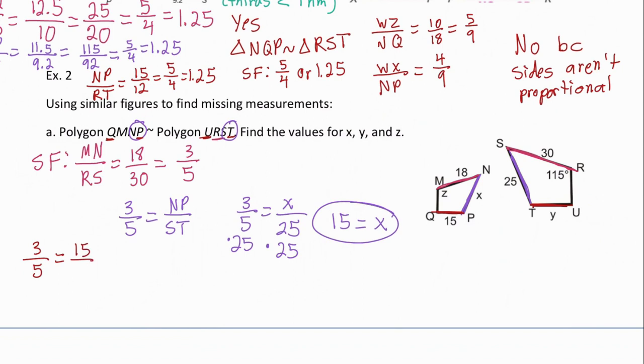That's in the numerator. And our larger is actually Y. You can also, I don't know if you guys remember this, but back to the beginning of the school year, we also did some cross multiplying, which we can do here to help us. So we can cross multiply and we can say, okay, 3 times Y, so that's going to be 3Y, is equal to 15 times 5, which is going to be 75. And then we can divide both sides by 3.